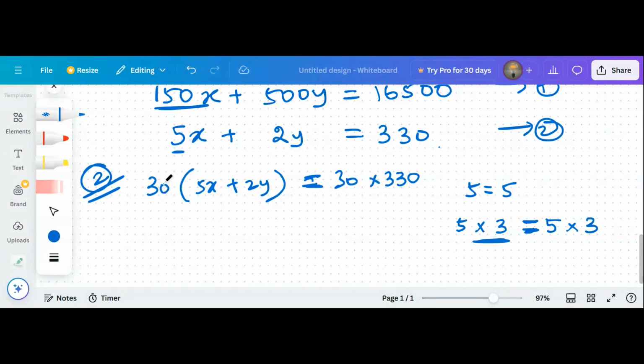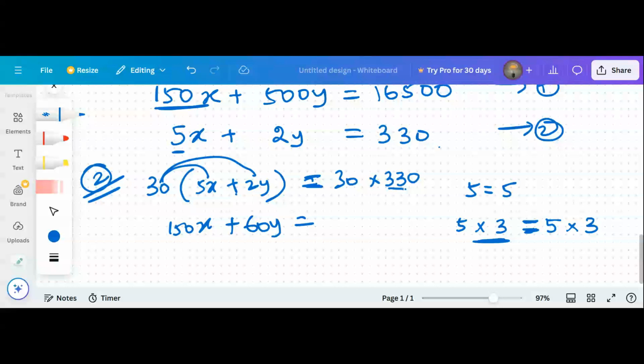So 30 into 5x is 150x, plus 30 into 2y, that is 60y. This is equal to 330 into 30. So 33 into 3 is 99, and there is one zero, another zero, so two zeros. 9,900. Let's say this is equation number 3.